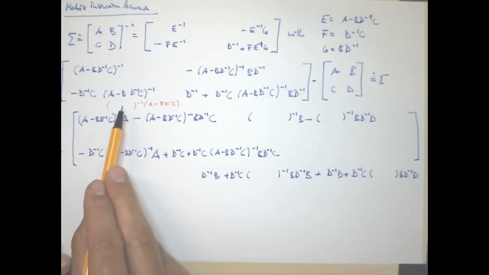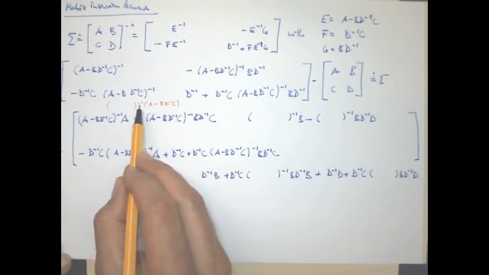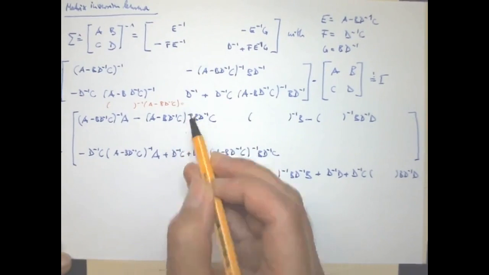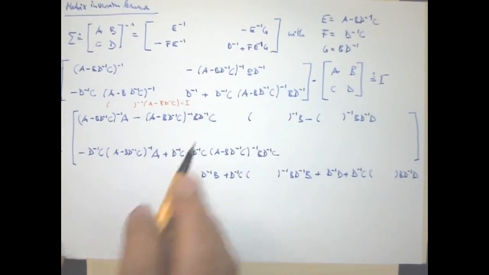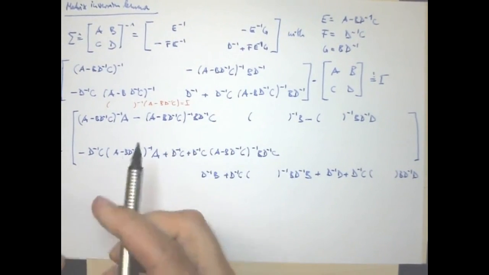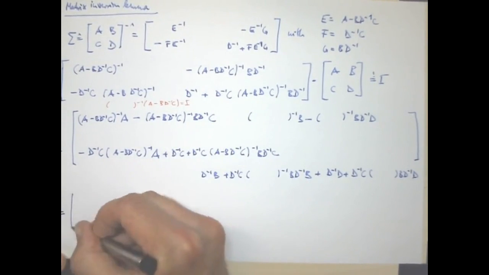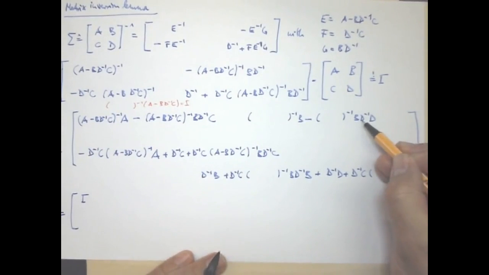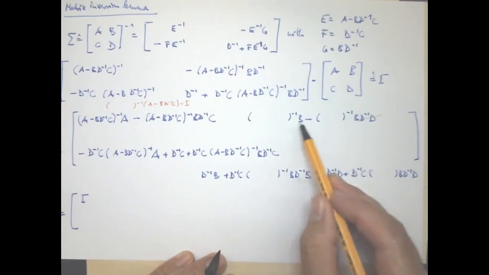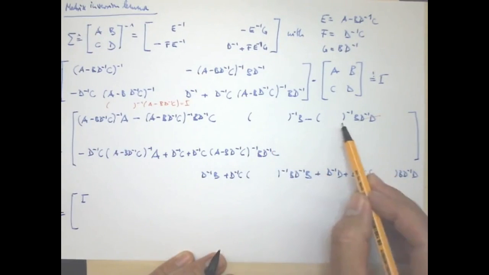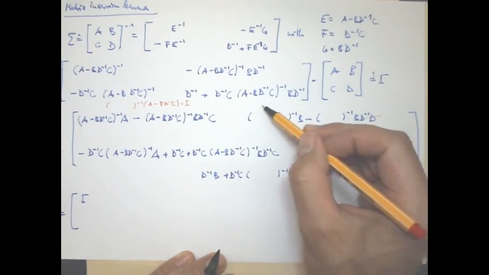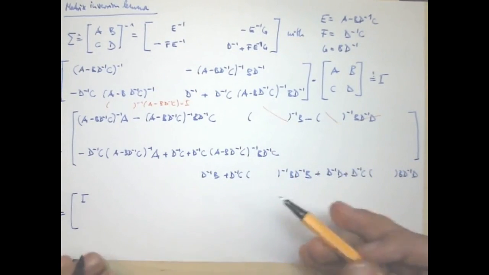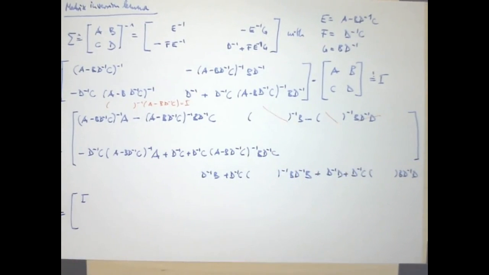So this will give me the identity matrix for the top left corner. That's already very good. Then here D minus 1 times D is the identity matrix. And then well, this term is the same as that, but they differ in sign. So I can cancel these two, and I find a 0 for the top right corner, which is also a relief.